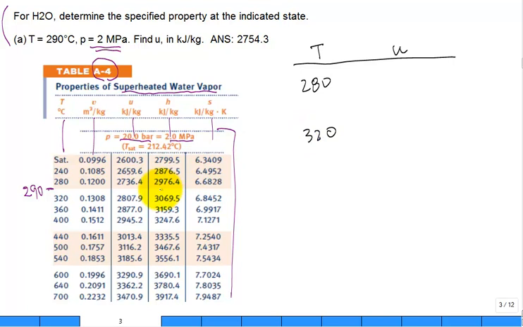Then we read off 2736.4 and 2807.9. And the question is, if I have a value of 290, what is my U?